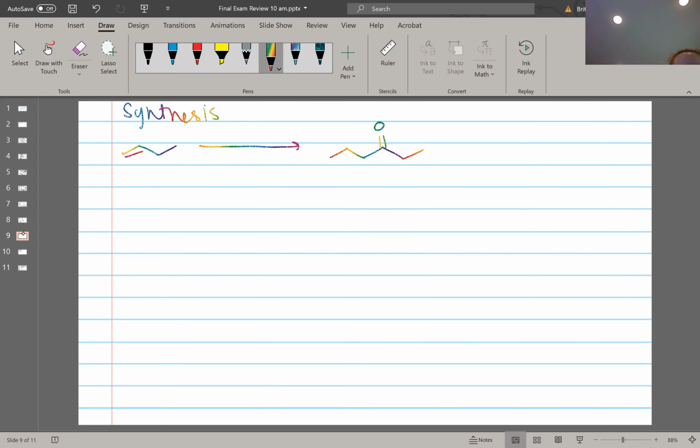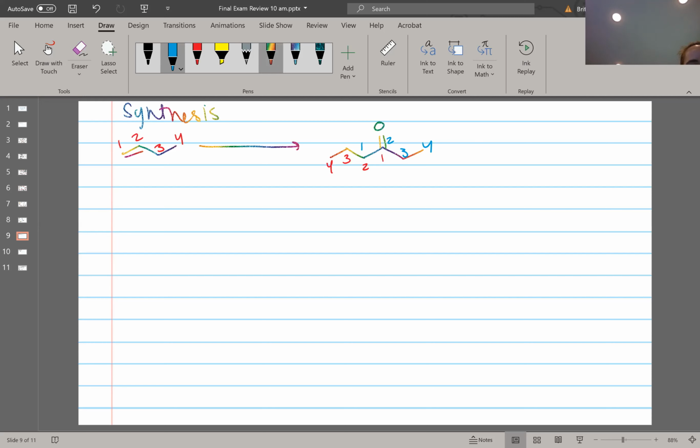So first we have to look at where these carbons are ending up in the product. There's a couple different ways that you could look at it. You could number these 1, 2, 3, 4, and you could have 1, 2, 3, 4, or you could have 1, 2, 3, 4.